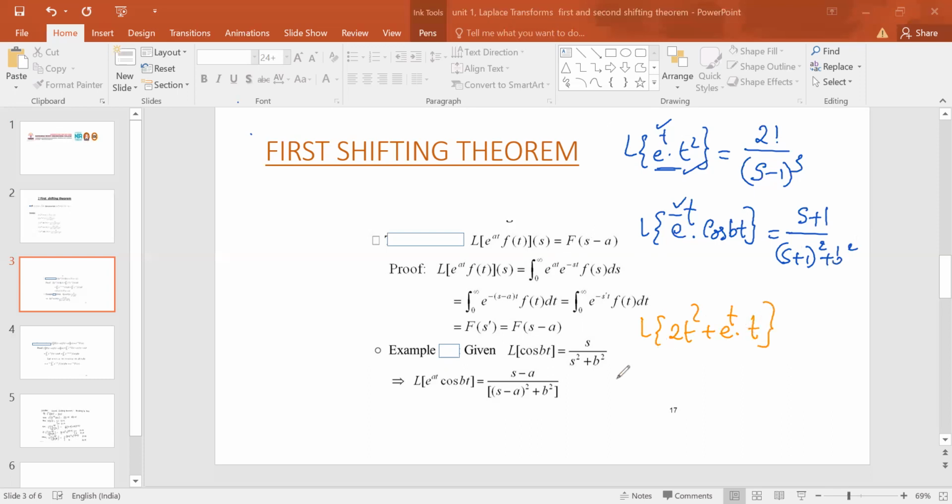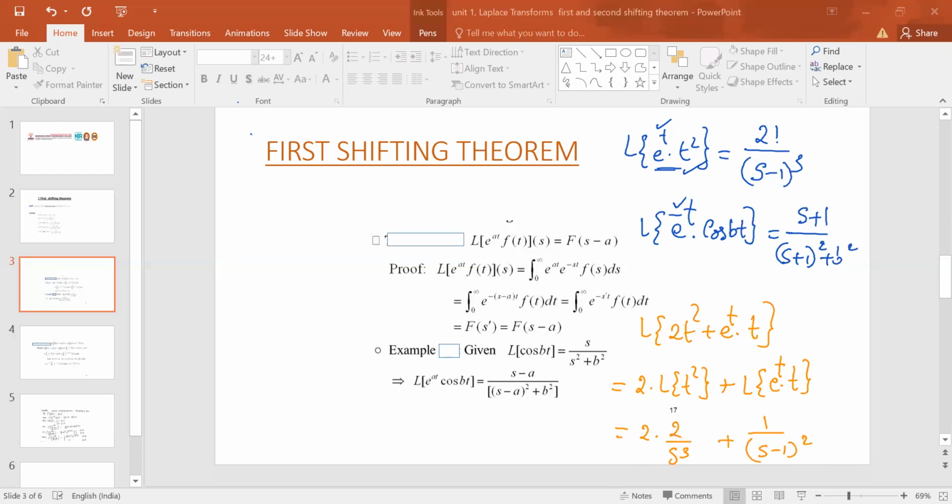Then how to evaluate this? This can be done first by using the linear property, that is 2 into Laplace transformation of t square plus Laplace transformation of e power t into t. Which implies 2 into 2 divided by s cubed plus, here it is, 1 by s minus 1 whole square.